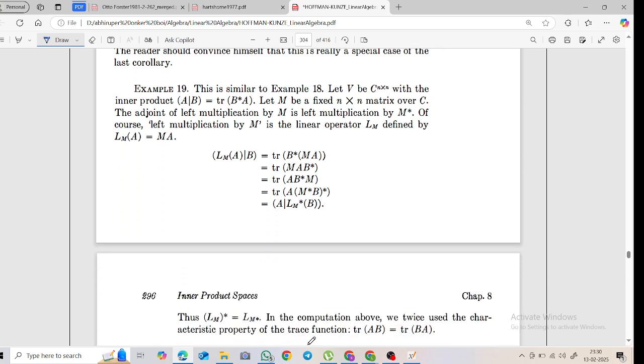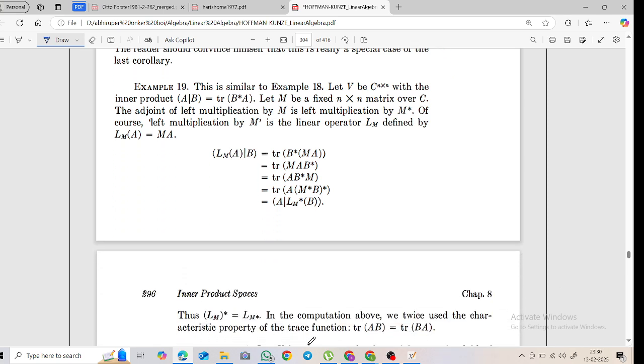So suppose V is M n by n over C, and the inner product is trace. Now the operator is left multiplication by a fixed matrix, say M. So you send any matrix A to MA. They are trying to find out M star.